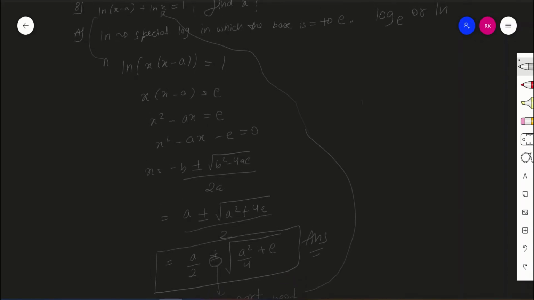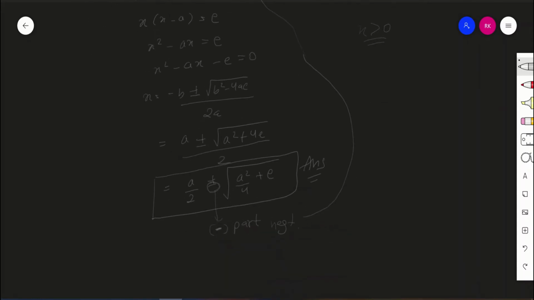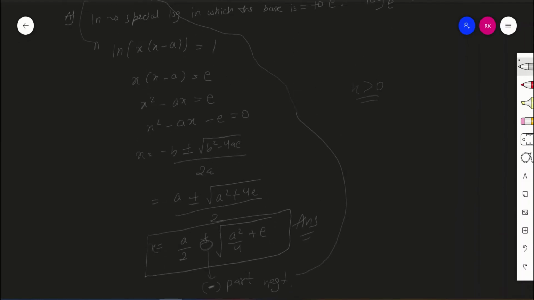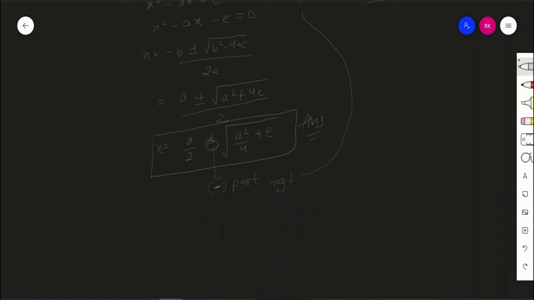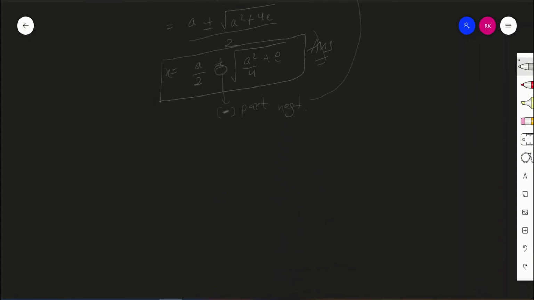So x has to be greater than 0, but it won't be greater than 0. As you can see, this is not greater than 0, so we have to neglect the negative part. So this is not our answer. Our final answer will be x = a/2 + √(a²/4 + e). So this is my final answer.